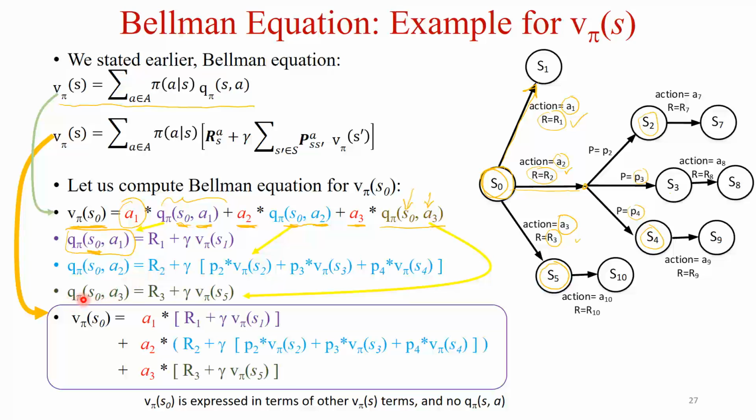Similarly, the action value function of action A3 leaving S0 is equal to reward 3 plus the discount factor multiplied by the state value function of S5.